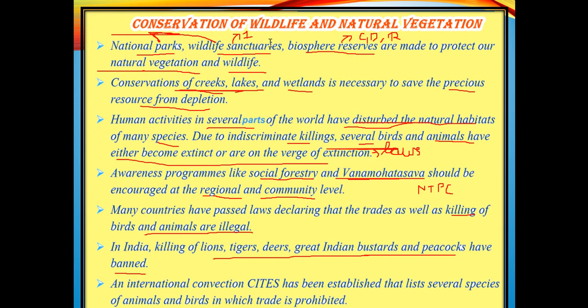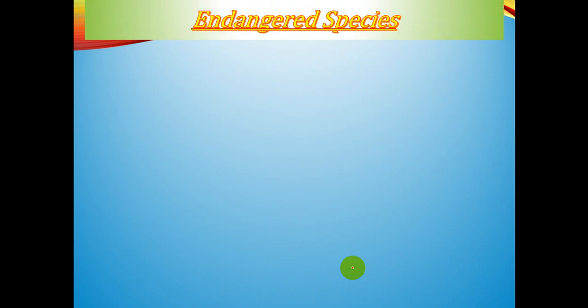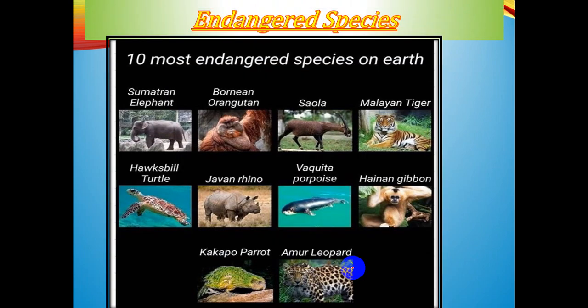This is an international convention, and what is their motive? To stop hunting or killing and the declining of the species in these endangered categories of animals and birds. So these are the ways by which we can conserve wildlife and natural vegetation. Now just look at some pictures of the endangered species. These are the top 10 endangered species.